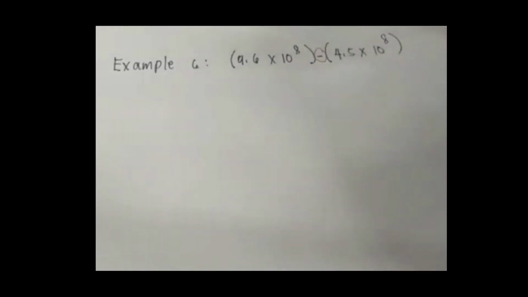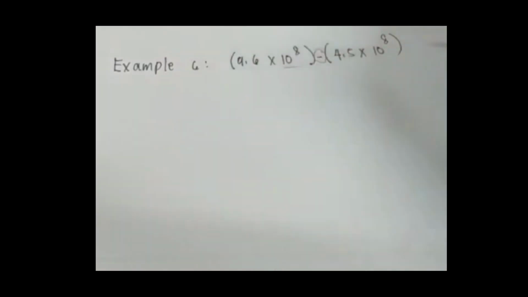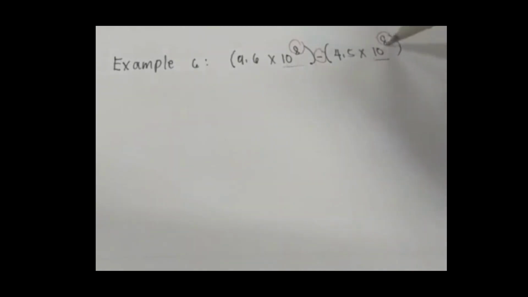So we have to look at the second factors. We have 10 to the power of 8, and for the second scientific notation, we also have 10 to the power of 8. So the exponent is the same, and we have the same second factors.